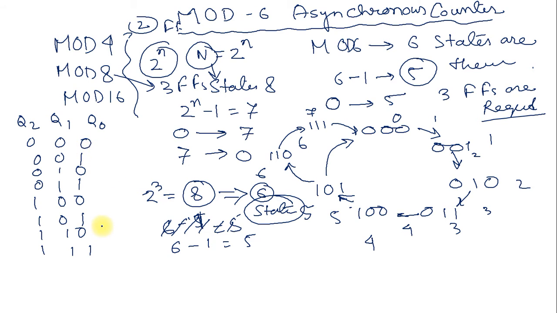So 8 combinations are there for 3 bits. I can write the decimal equivalent of all these numbers: 0, 1, 2, 3, 4, 5. After this 5, the counter should be initialized and it should be 0.